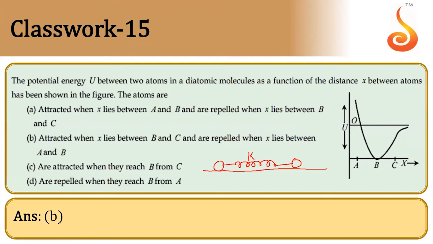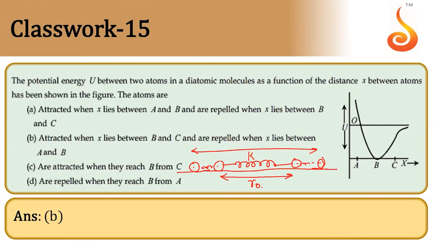Now, what I do here, I displace the two atoms. This atom will be displaced here, this atom will be displaced here. When the spring has natural length, that is the mean distance. Beyond that mean distance, I am increasing the separation.